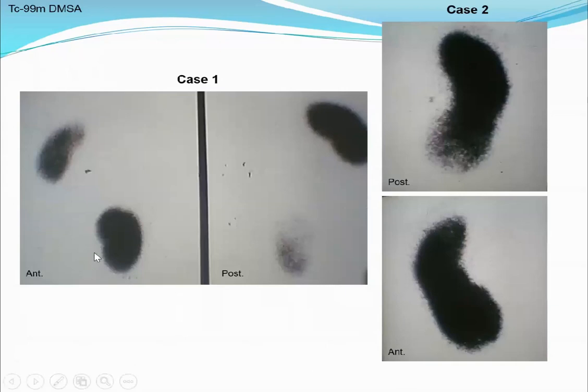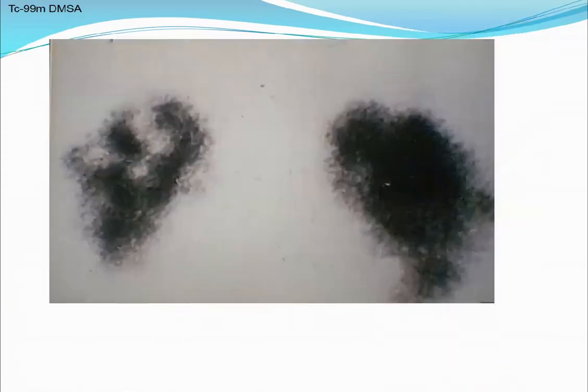Ectopic right kidney. Crossed fused ectopic left kidney. Polycystic kidney. Enlarged both kidneys with multiple photopenic areas.